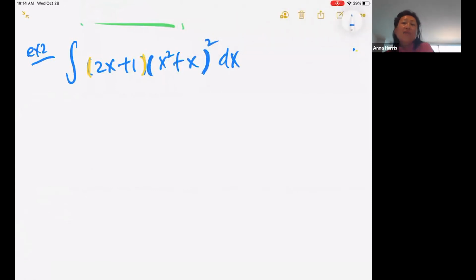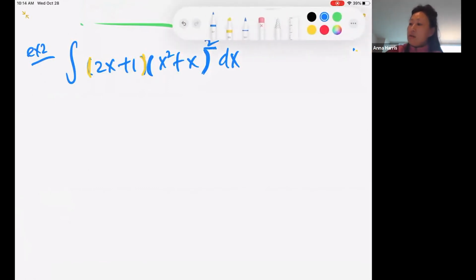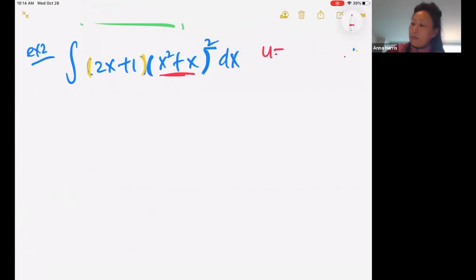As I said before, usually what is inside the parentheses becomes your u. But in this case, since this one has a power, I know for sure I will choose that one as my u. So again, my u equals x squared plus x, and du, taking the derivative of this, is (2x plus 1) dx.